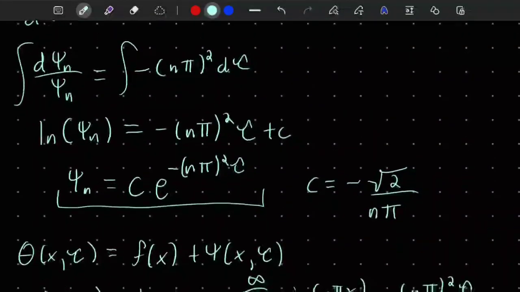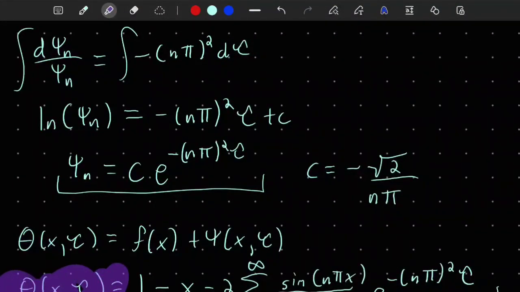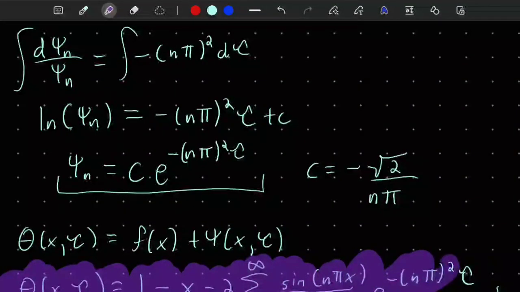And then you can write the total solution in the sum of both our steady state solution, that's the 1 minus x, and our FFT solution. I guess they're both FFT solution, but all the crazy math we did before to get our total solution here.